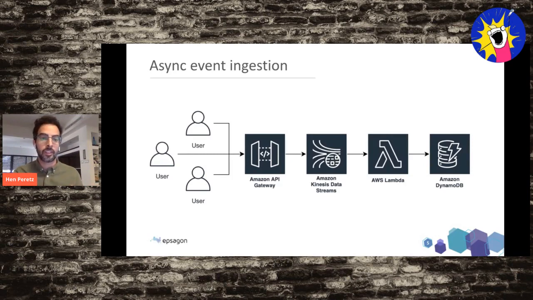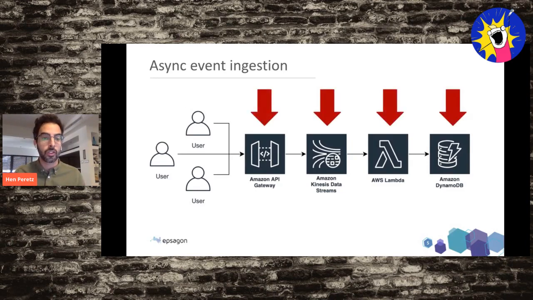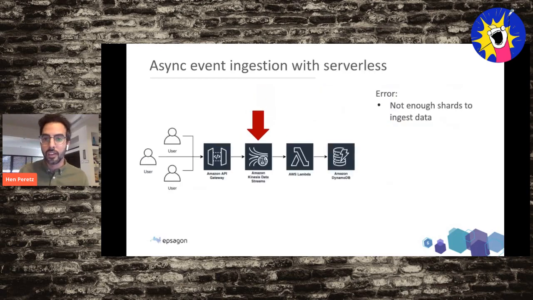We might think that customers cannot really affect each other because there is no state, but they can. Once they stream a lot of events at the same time, a lot of things can go wrong in all of those components. I'll touch on one of the main ones. A Kinesis can be overloaded if we don't have enough shards.